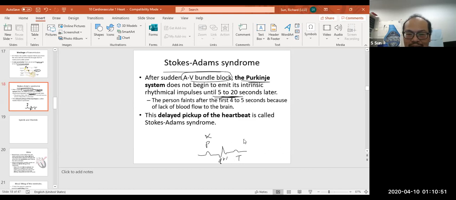It will be no P, QRS, and the T. And no P, QRS, and the T. With that, you will know that you have a heart block, because your AV node doesn't cause the contraction of the atrium.